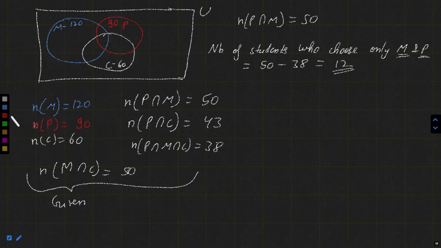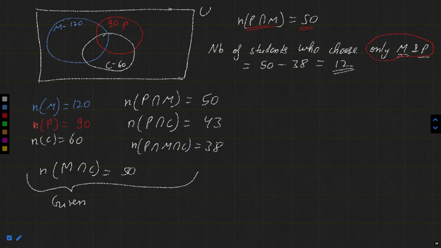Okay, so please keep this in mind, only math and physics. Here students with math and physics are there, yes, but additionally the students with math, physics and chemistry are also in there. Okay, clear?